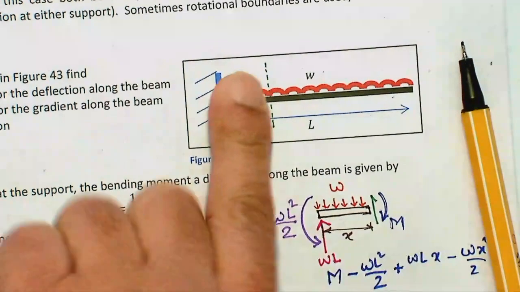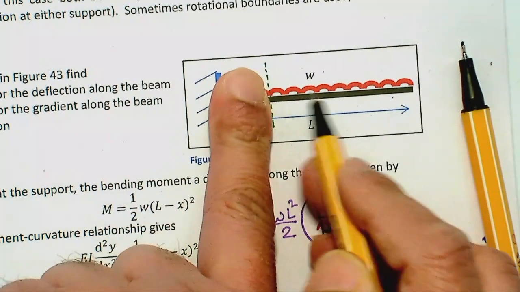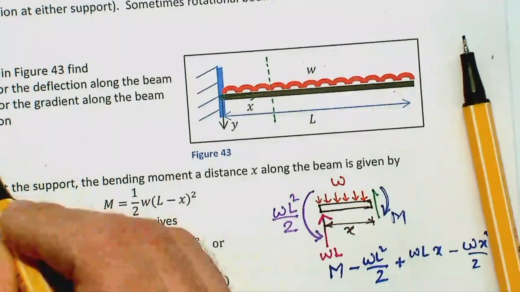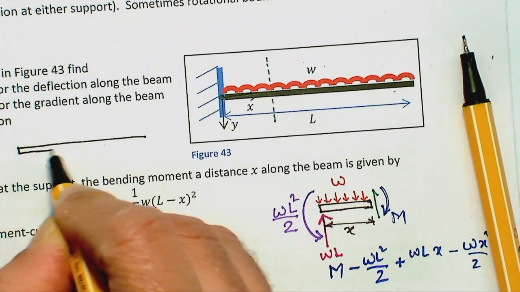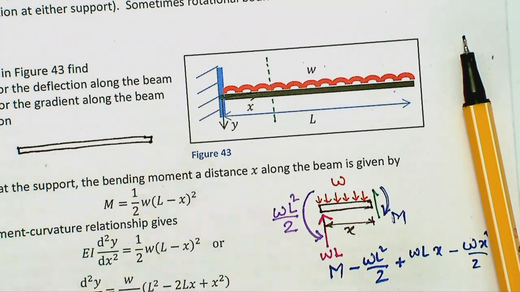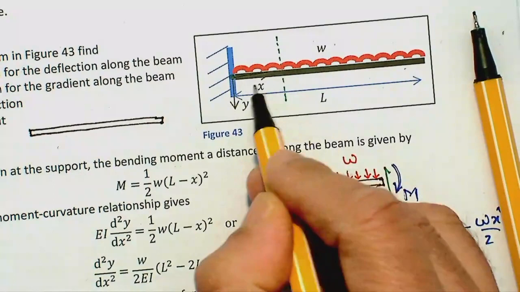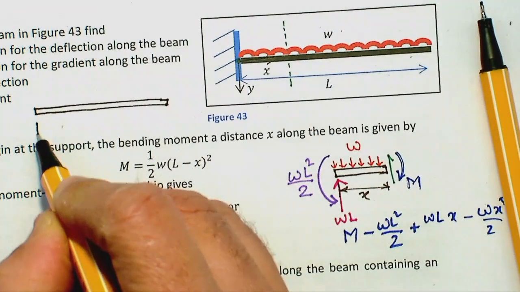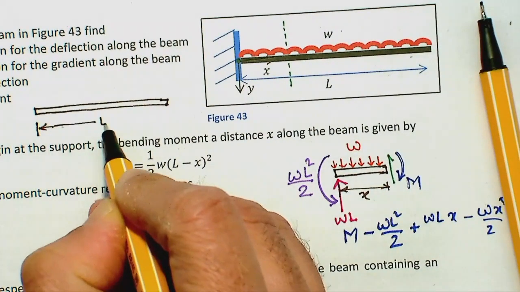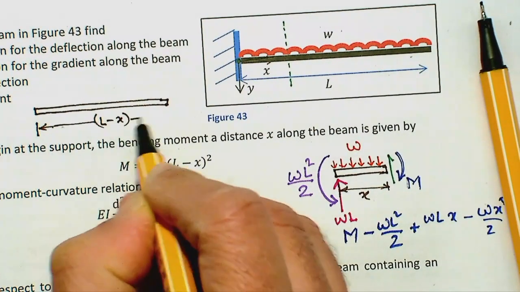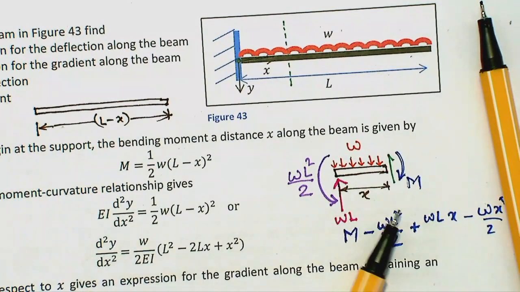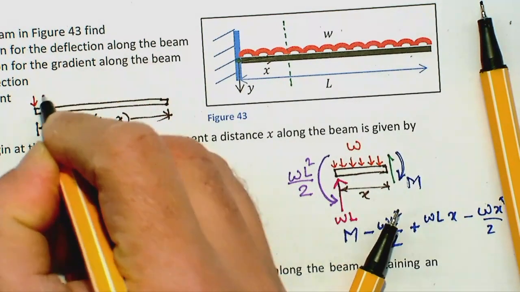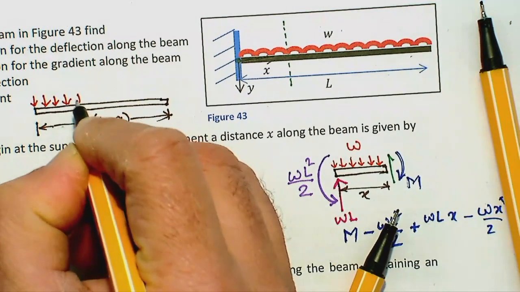If you take only the free body diagram of the right-hand side, if this is x, then that distance is L minus x. So what is the load? Load is W times L minus x.